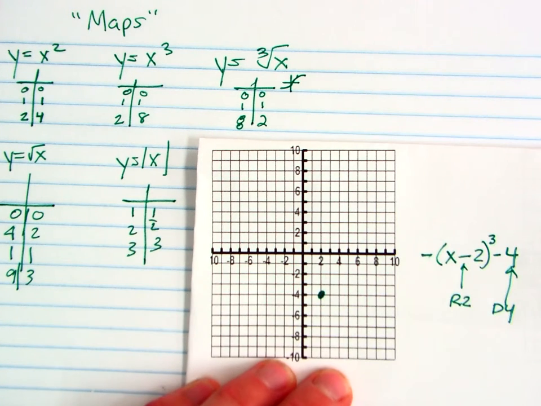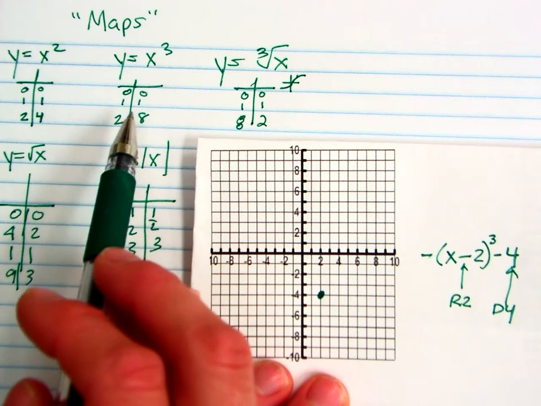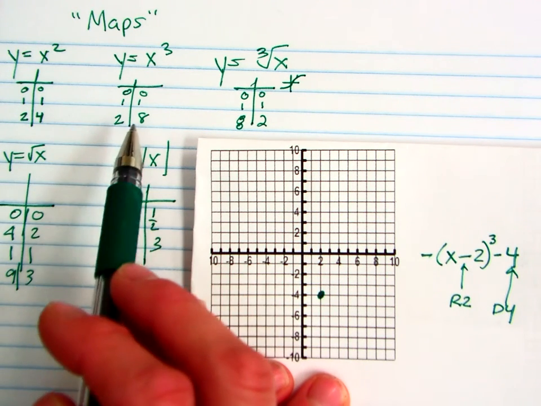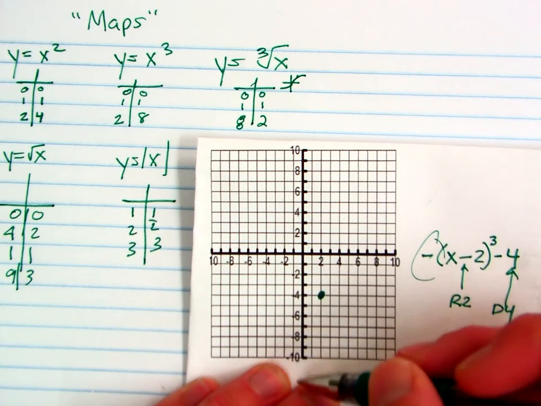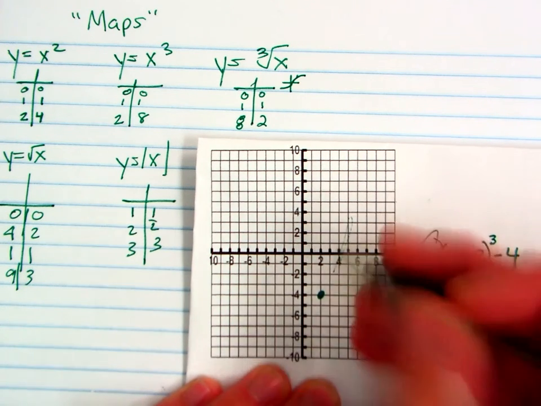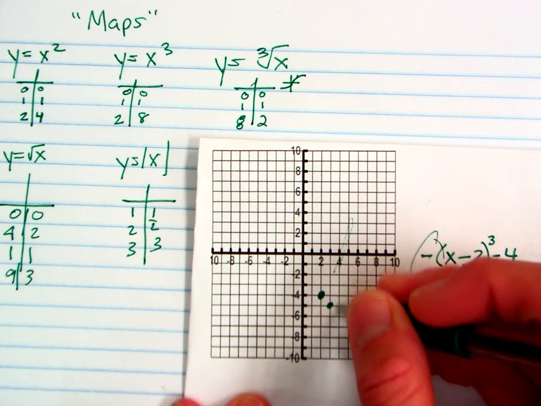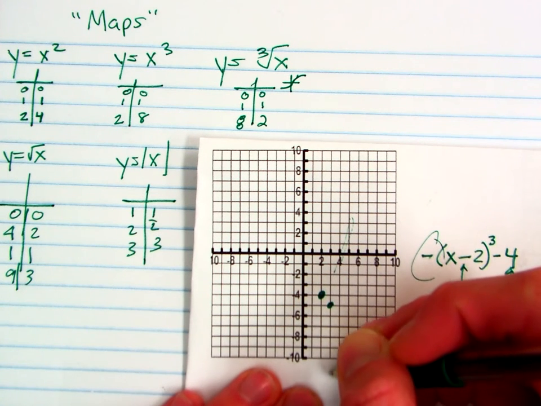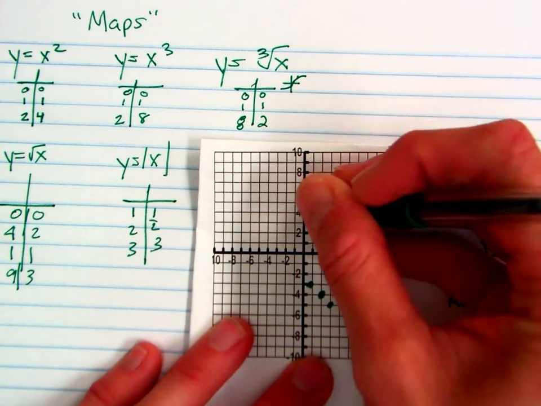So I put that point on there. Now I look at my map. My map says to go 1, 1, 2, 8. Now, this negative is going to tell me instead of going this way, it's going to go the other way. So I go 1, 1, 2, and down 8, which is off the graph.